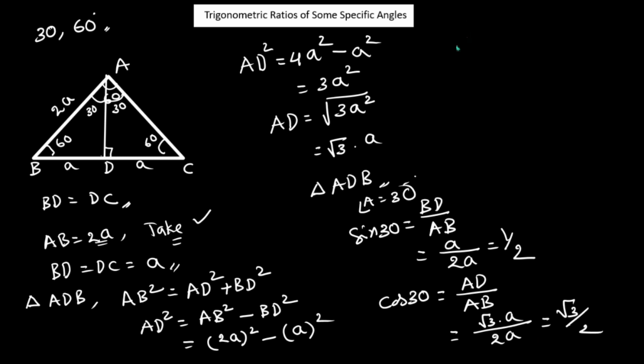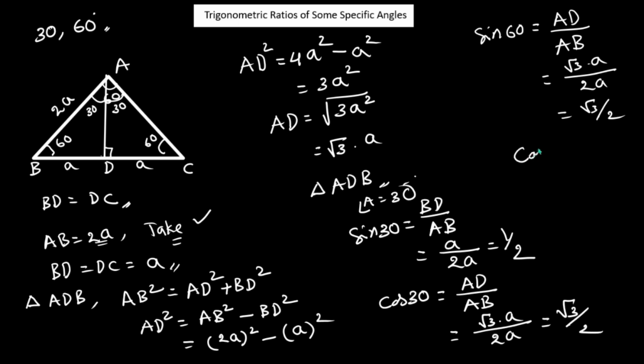Now let's take the 60 degrees angle. Sine 60 equals the opposite side by hypotenuse. The opposite side is AD and the hypotenuse is AB. AD is root 3 into A and AB is 2A, so sine 60 will be root 3 by 2.